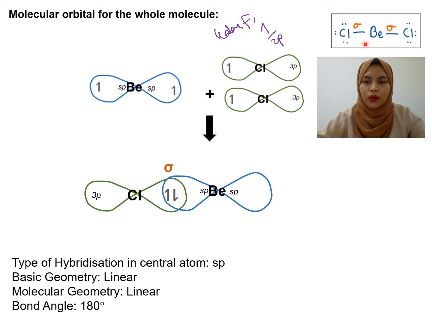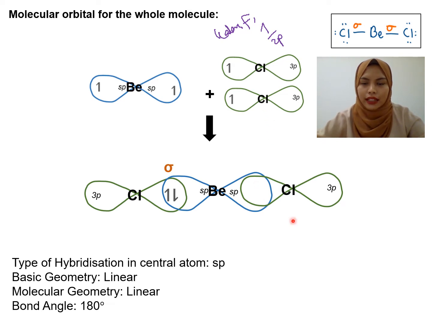Kalau you nak show how the Be dan Cl bond sebelah kanan tu terbentuk, you can repeat the same step. Okay, you draw the 3p atomic orbital of Cl atom di sebelah kanan ni. Okay, and then the sigma bond ni terhasil sebab the overlapping of the two orbitals adalah overlapping secara end to end.